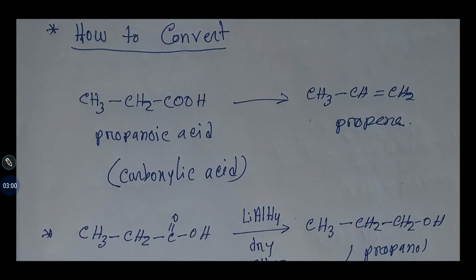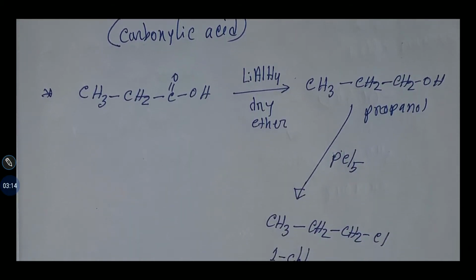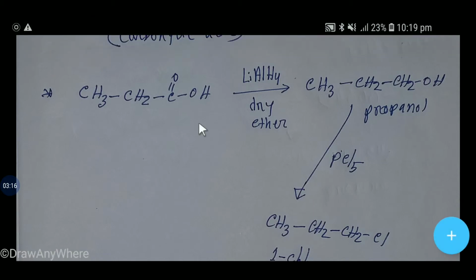Well, now we'll learn how to convert propanoic acid to propene, right? Propene is an alkene, propanoic acid is a carboxylic acid. This is propanoic acid.